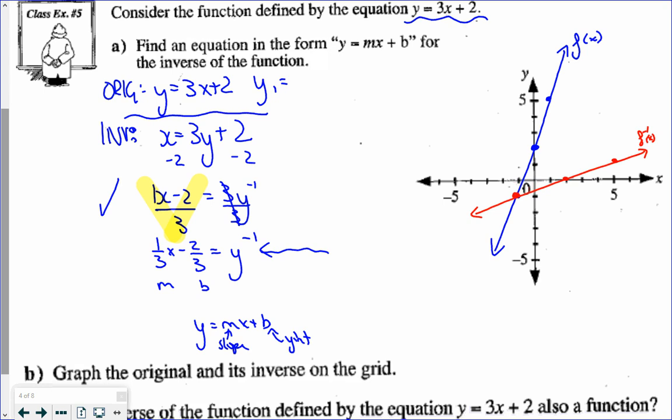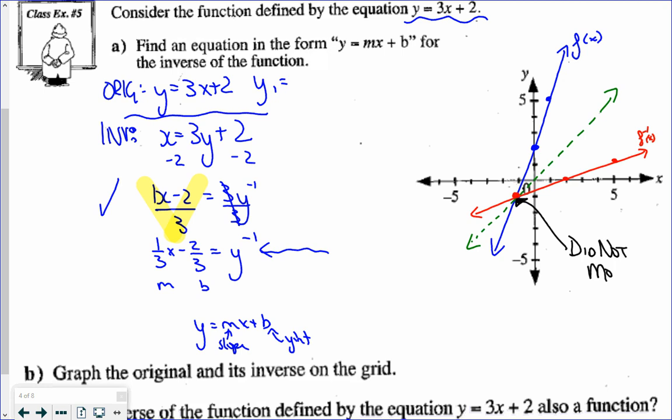Now if I draw in my reflection line, you should be able to see that the blue, so this part of the graph, gets reflected over and becomes that, and this gets reflected over and becomes that. So again, you can use your calculator, you can use manual, you can do whatever. I do want to talk about this point right here. This point on the original was -1, -1. When I flip those points around, it stays as -1, -1. So this point did not move.